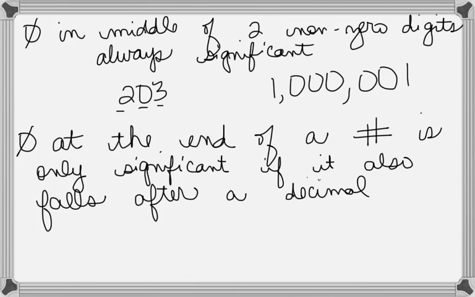So you have to watch this statement because there's two things that have to happen for a zero at the end of a number to be significant. Not only does it have to be at the end, but it has to be after a decimal. It's not either or, it's both of those. Okay, you follow what I'm saying?